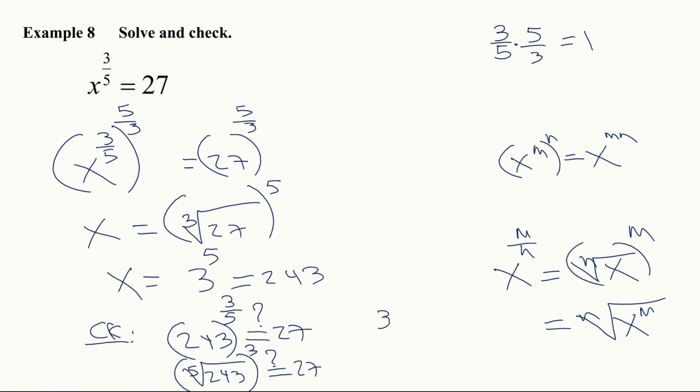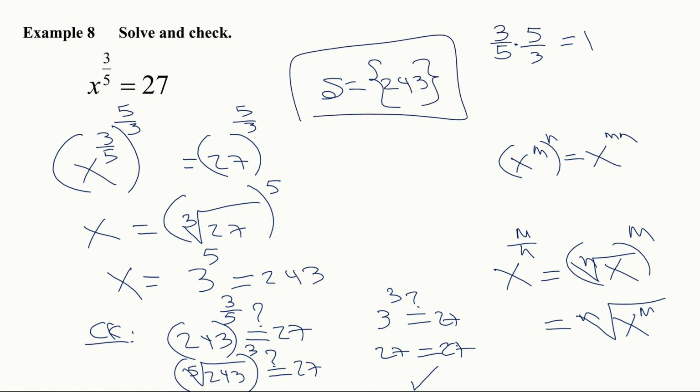So we get 3 to the power of 3, and we're trying to see if that's equal to 27. And 3 cubed, of course, is 27. So we get 27 equals 27. We have verified. We can drop the question mark and put a check. So it worked. So basically, the solution set is going to contain one solution, and that's 243.